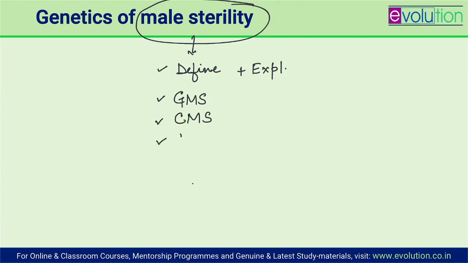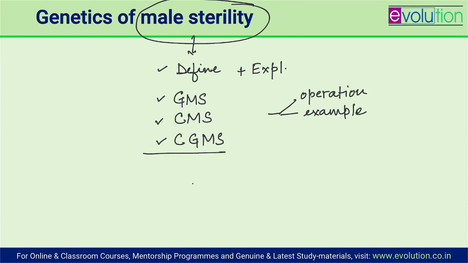Third is cytoplasmic genic male sterility. In each one, you have to discuss operation. How does it operate? Example. After this, male sterility using transgenics.